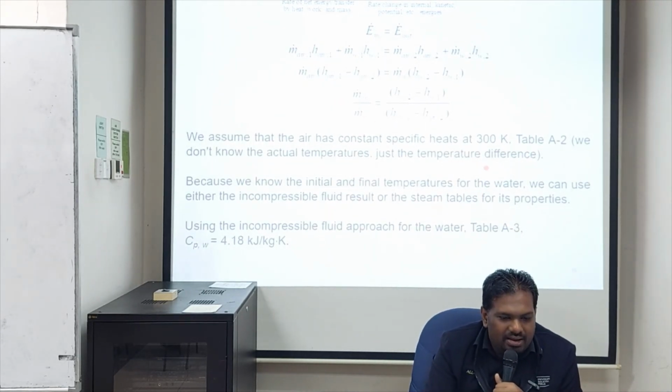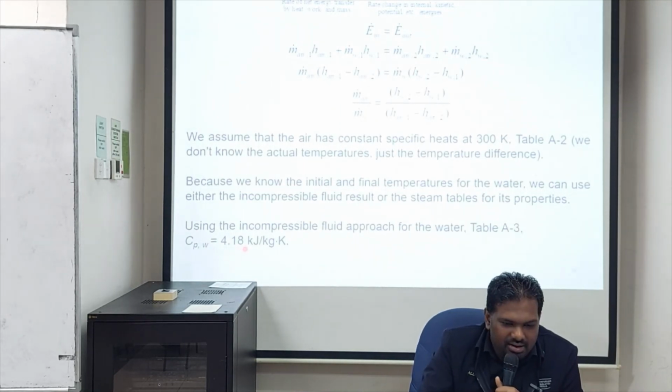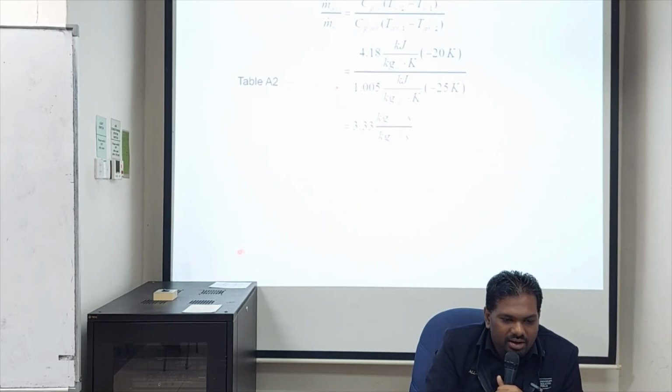Okay, so you apply table A2. Okay, so ideal gas. So using an incompressible fluid approach for the water, table A3. So you dapat CP 4.18. Okay, so you gantikan balik. So replace back inside.